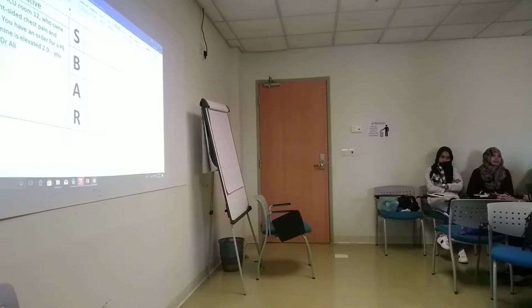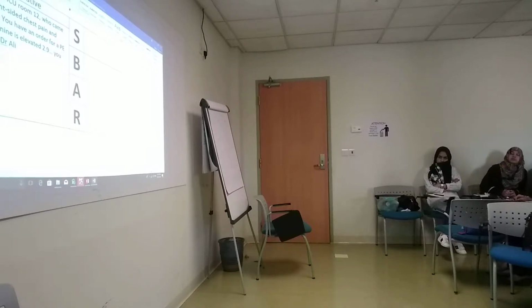The patient already has a PE order for the chest pain. It's nothing new. The situation is that you have high creatinine and you have to do the PE study. So you are concerned about the creatinine level and the PE study. The patient will receive contrast. It will affect the kidney. So this is your situation.